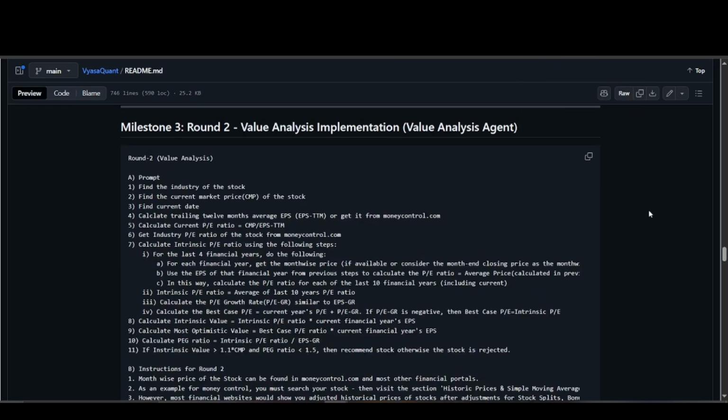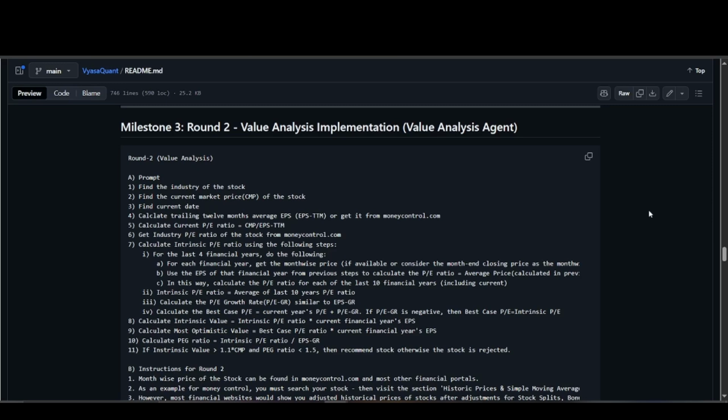Now, in the value analysis, the value analysis agent fetches specific information of the stock like industry, current market price, and trailing 12 months average EPS. Then based on that, it will calculate the current PE ratio and fetch the industry PE ratio.